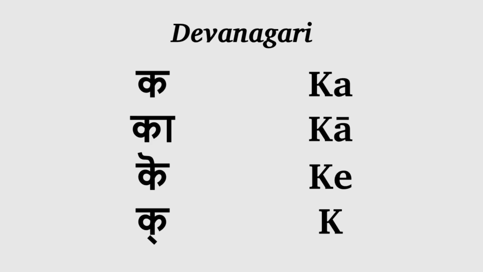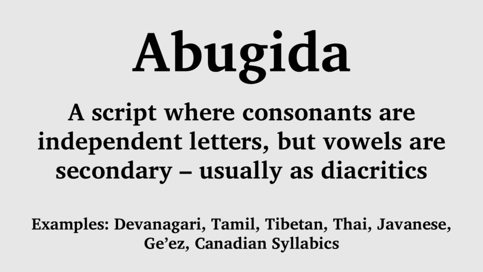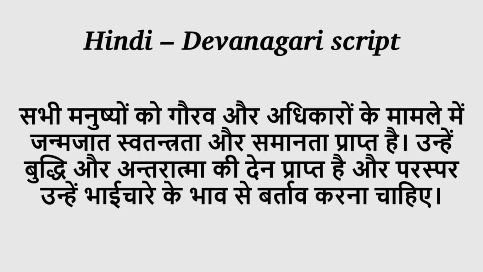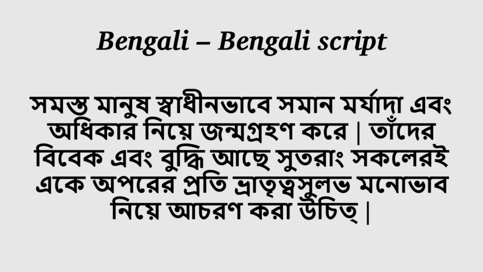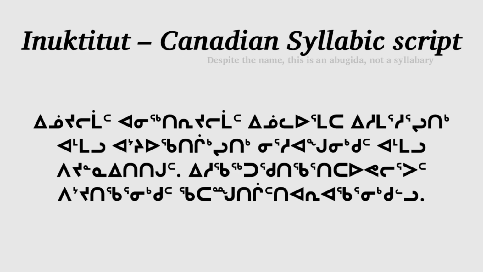Many systems also have a diacritic to negate this vowel, for when a consonant comes word finally or before another consonant. Were Latin an abugida, English might look something like this. Real-world examples of abugidas include Devanagari, Bengali, Thai, Ge'ez, and Canadian syllabics.